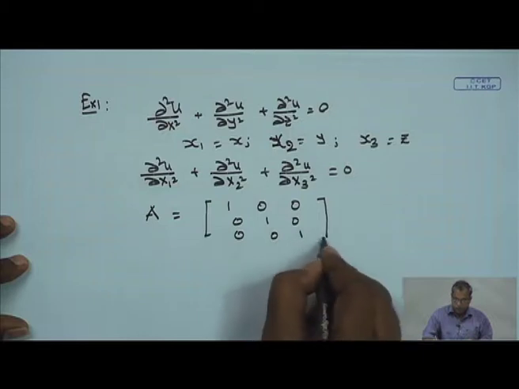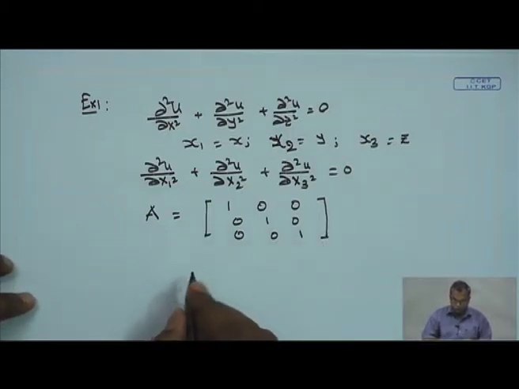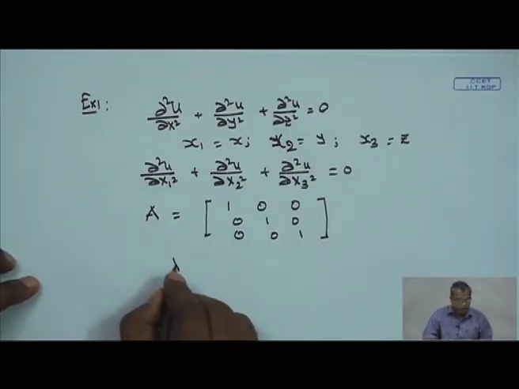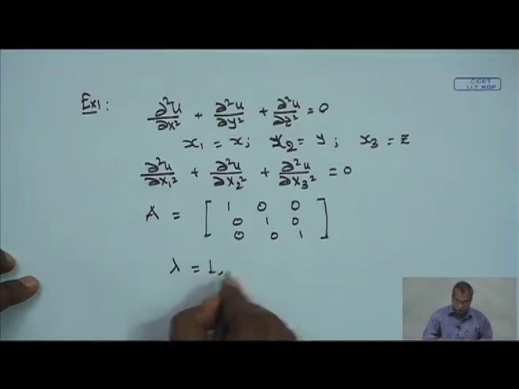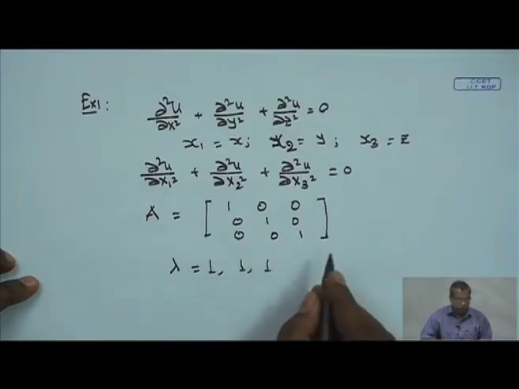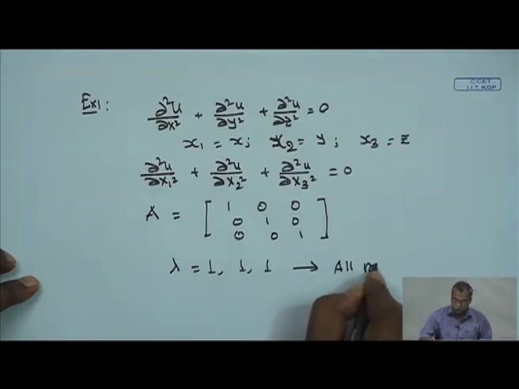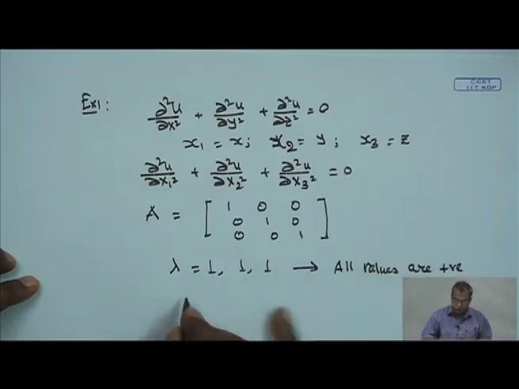If you find the eigenvalues of this matrix, the eigenvalues will be 1, 1, 1. So, all eigenvalues are positive, and we are talking about an elliptic partial differential equation.